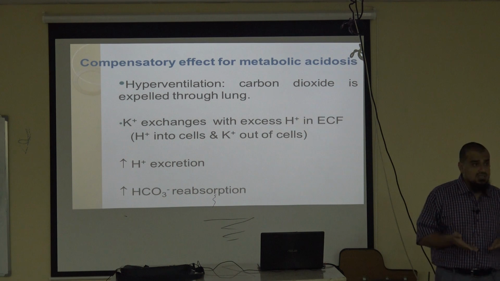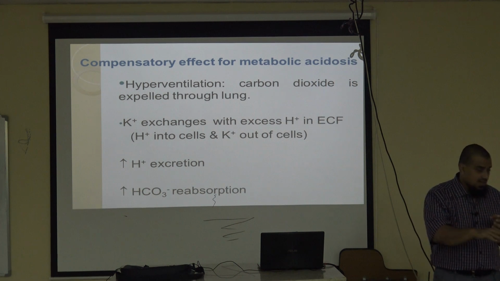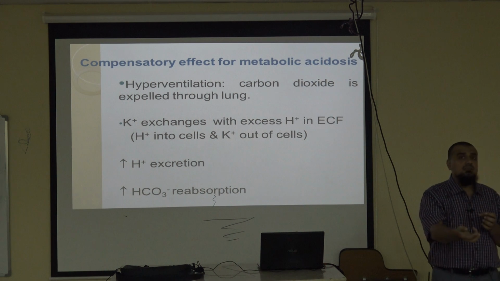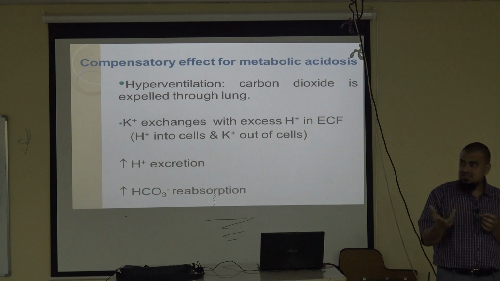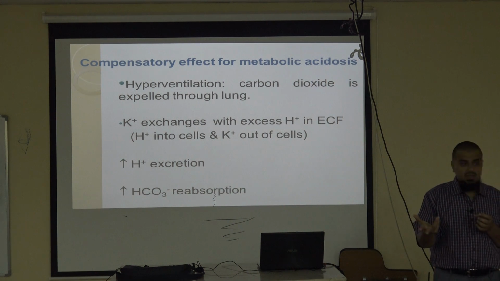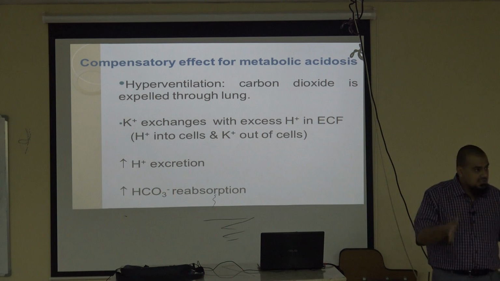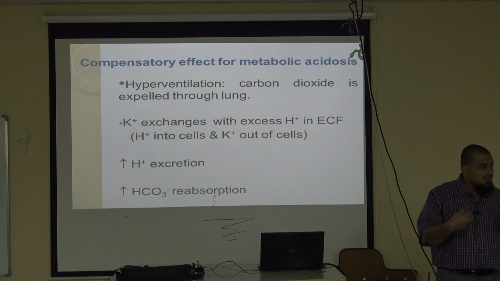Whenever hydrogen concentration in the blood increases, this excess hydrogen tries to enter the cell, and when the hydrogen enters the cell, at the same time it brings a potassium out of the cell. You know potassium is an intracellular ion and it is present more in the cells. So whenever you have increased hydrogen in the blood, this hydrogen tries to enter the cells and as a result it brings the potassium out of the cell.